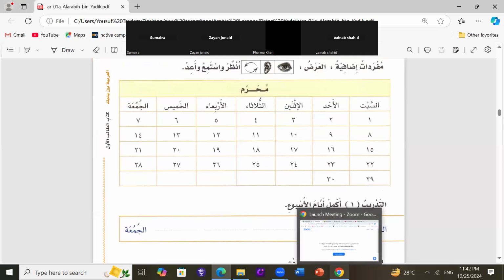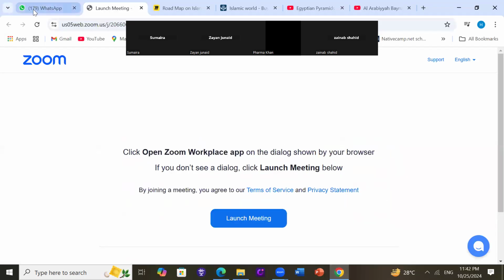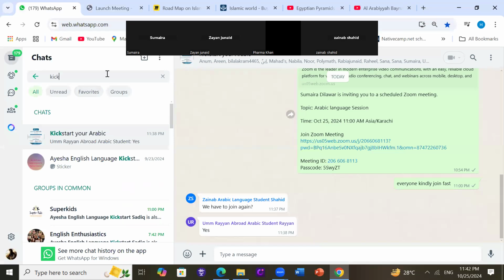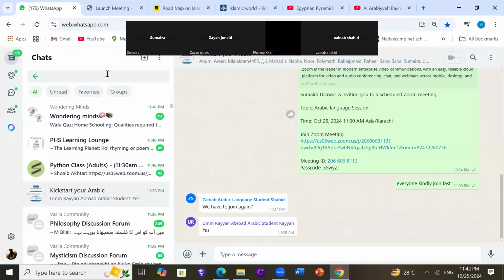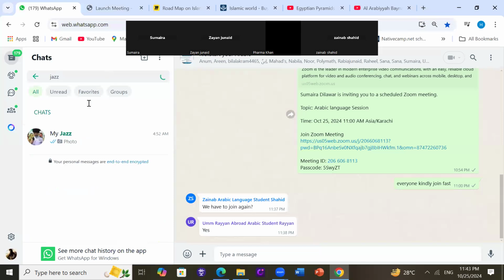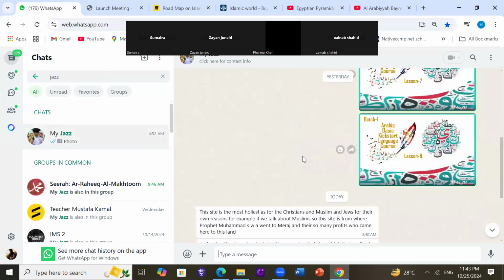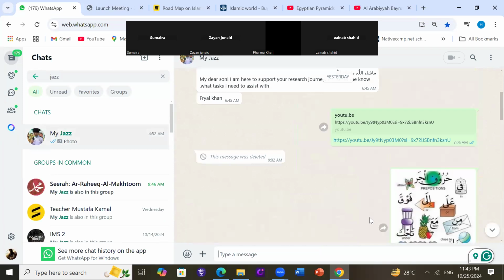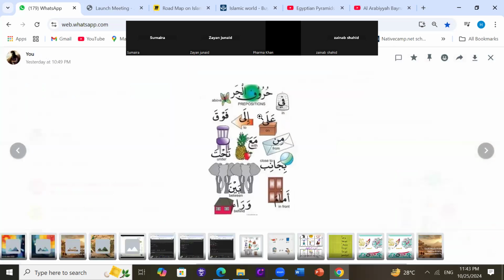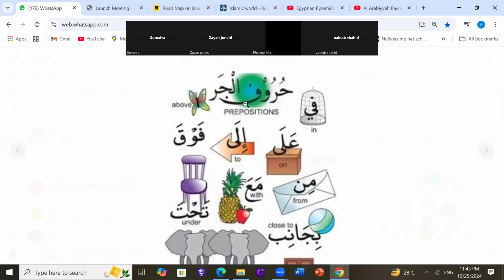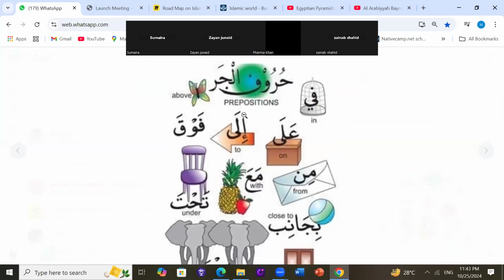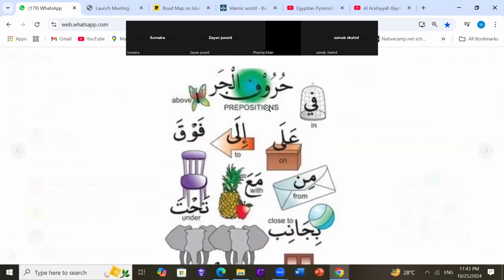Let me take you to the pictures which I was talking about. Wait a minute. Yes. Here, these are the huruf jar. As I told you, these are prepositions of Arabic, harf.